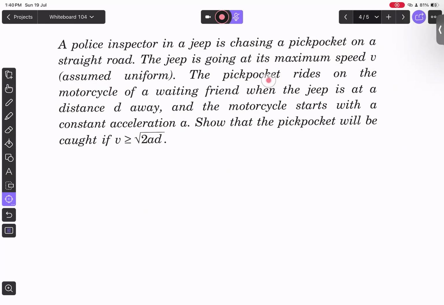The pickpocket rides on a motorcycle of a waiting friend. When the jeep is at a distance d away, the motorcycle starts with constant acceleration a, so that the pickpocket will be caught if v is more than or equal to the square root of 2ad.